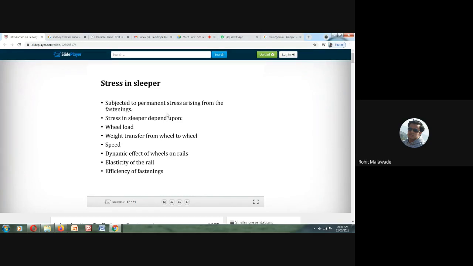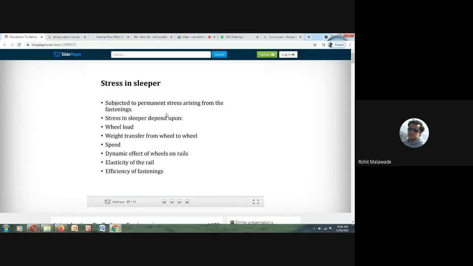The sleepers are subjected to permanent stresses arising from the fastening, due to the longitudinal forces in the rail. Again, for stresses in the sleeper, first we have the wheel load.